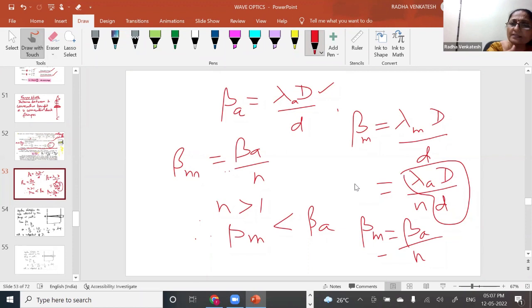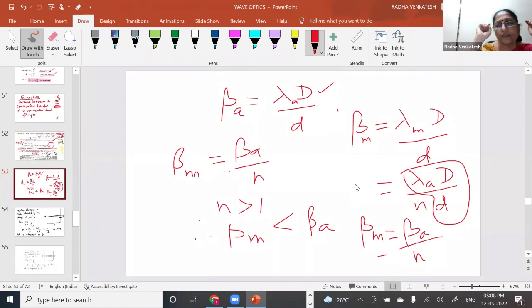If lambda increases, beta will increase. If D increases, beta will increase. If small d increases, beta will decrease because it is inversely proportional. All this we know, right? All this we'll be able to easily explain.